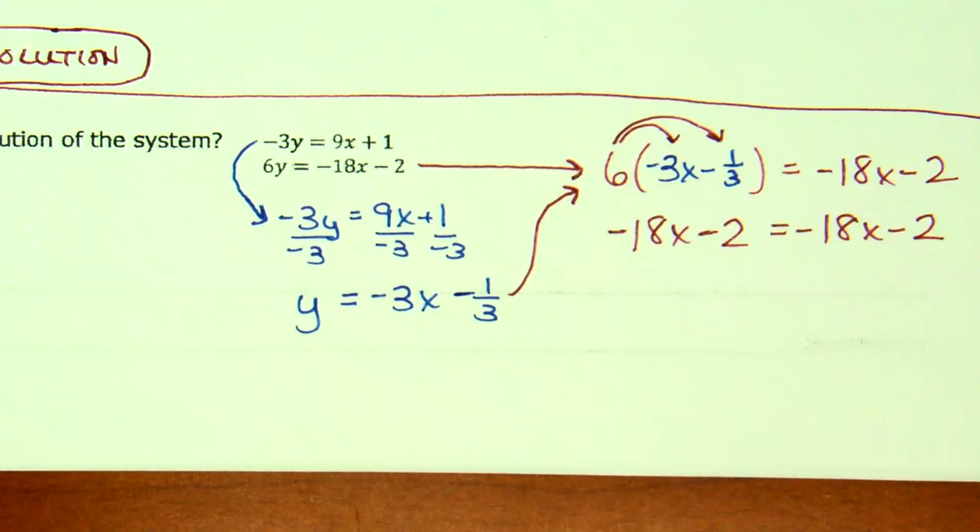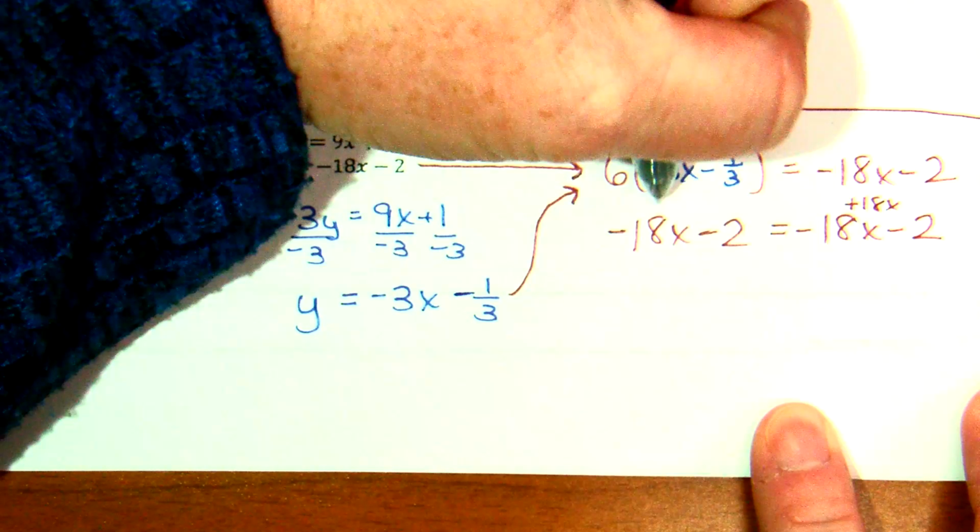Okay, so now my equation becomes negative 18x minus 2 equals negative 18x minus 2. Again, some of you realize what's happening. Hold your thoughts. Officially, if I try and put my x's on the same side, how do you move a negative 18x? You add 18x. What is negative 18x plus 18x? 0.